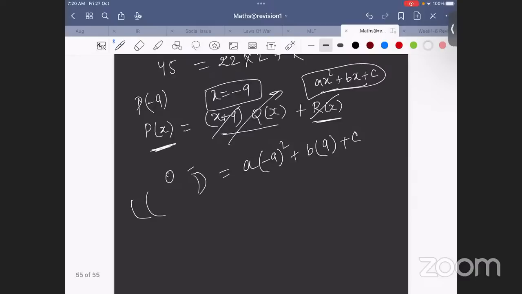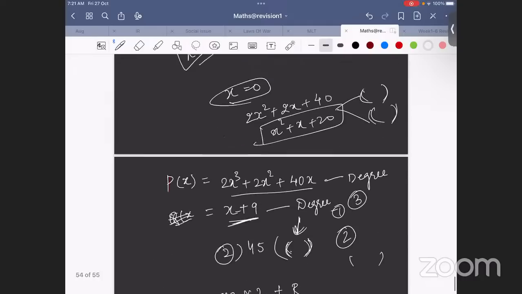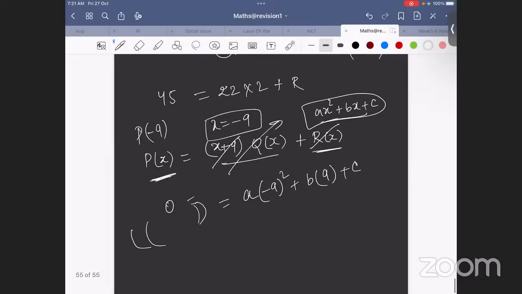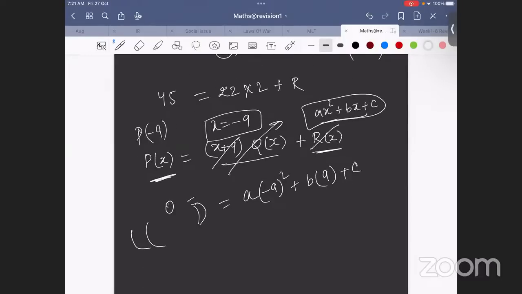So here B of minus 9. Here it's in the equation of A into minus 9 squared plus B of minus 9. Can you repeat that? In the last equation, you have to write A into minus 9 whole square plus B of minus 9 there. Yes, okay, that is fine.